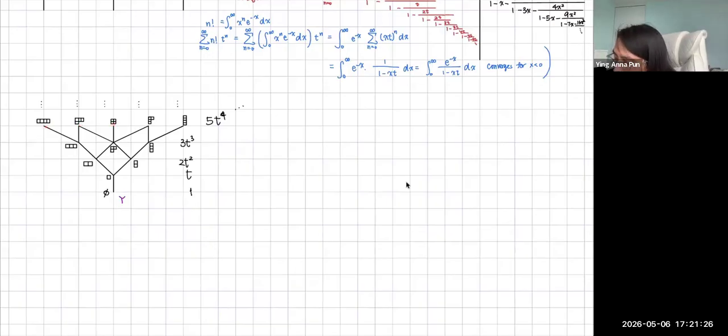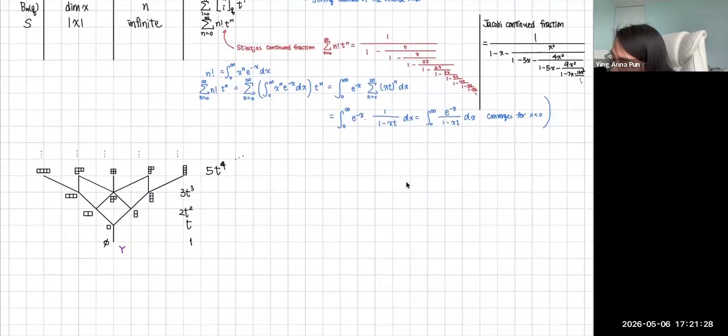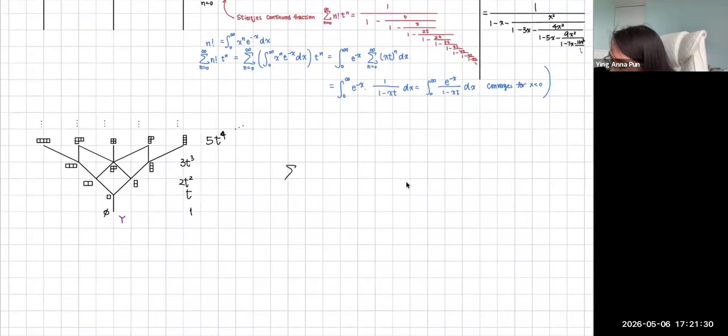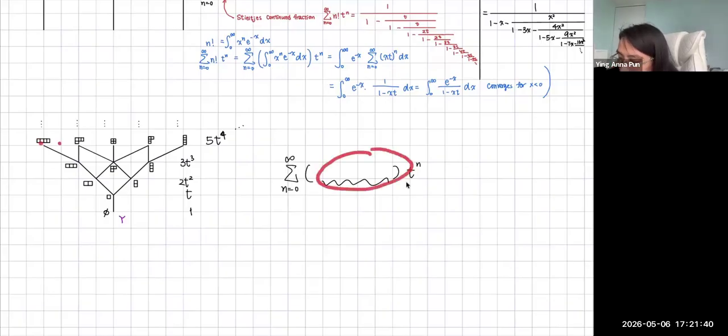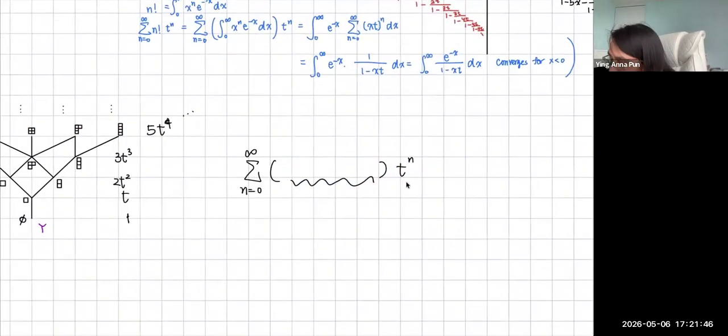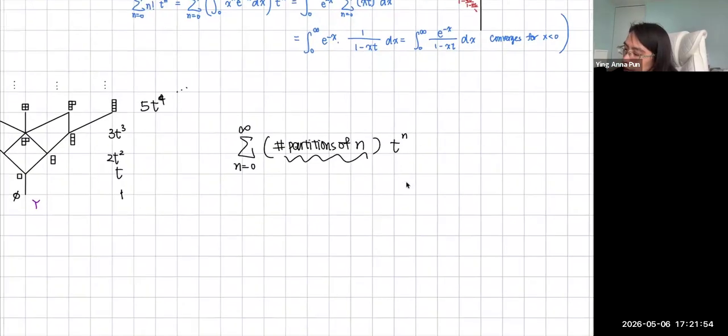So the rank generating function would be something here times t to the power n, from 0 to infinity. What is this? Well, the number of boxes are the same, and they are partitions, right? Remember, they're actually just partitions. So basically it's asking you the number of partitions of n times t to the power n.